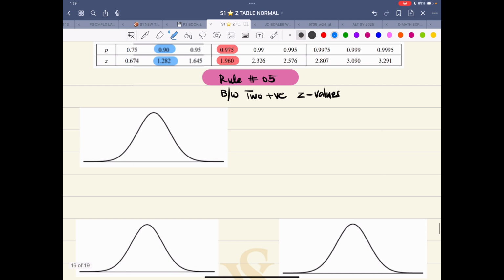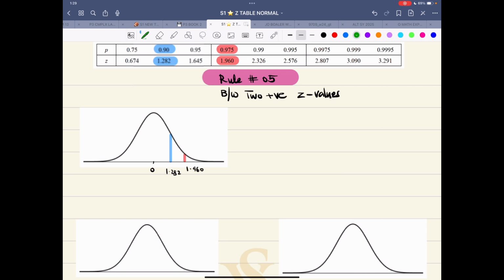Now let me draw 2 lines, a red one and a blue one. This is 0, this is 1.282, and this is 1.960.